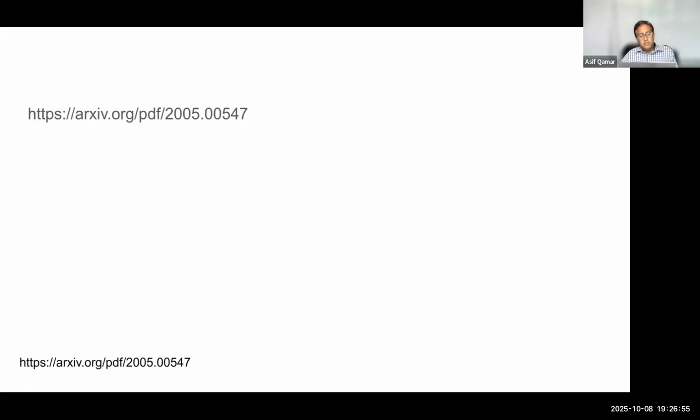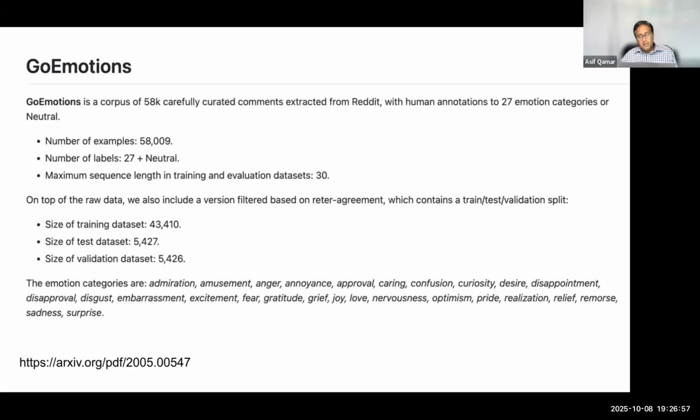The other part of the paper is, when the LLM responds back with some sentence, right? How do we identify the emotions in that sentence or response? The reason is we need to validate in a systematic way. So we are going to control the LLM with Russell's framework, ask a bunch of questions, and then we are going to use GoEmotions.